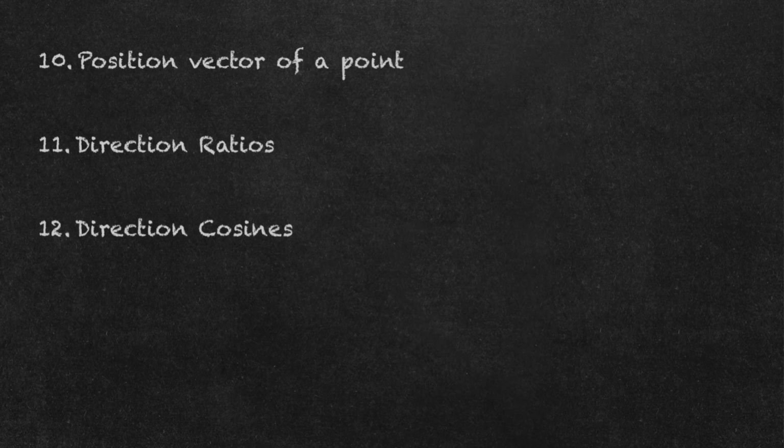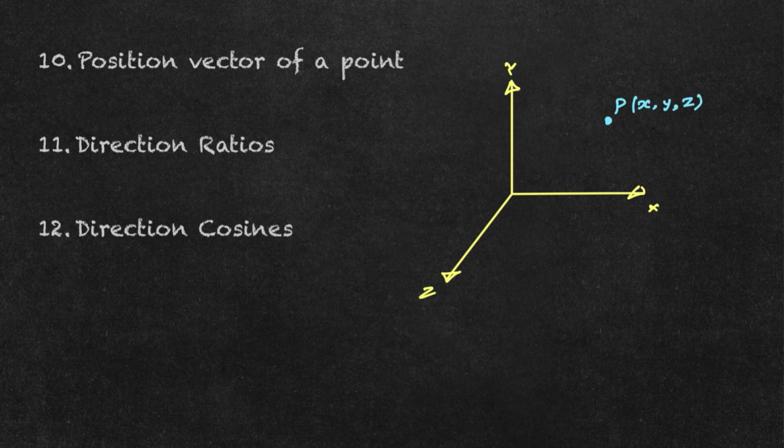Number 10, position vector of a point. This is very important again. Let us consider our three-dimensional axis, and let P be any point in this space whose coordinates are x, y, z.